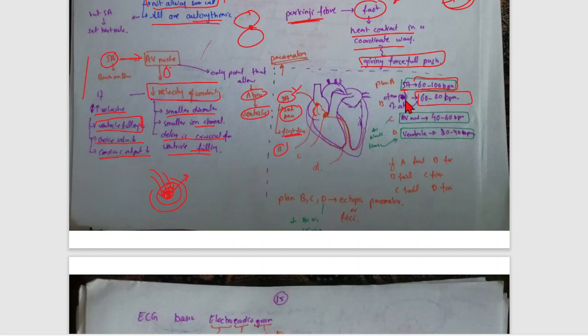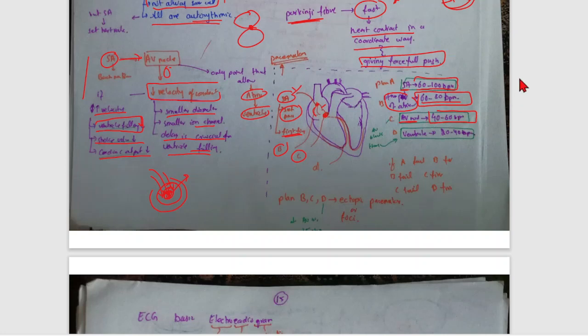If the SA node is not firing and the atrial nodal tract is firing, it will be 60 to 80 beats per minute. If it is not working, the next autonomic pacemaker, plan C, is the AV node, which fires at 40 to 60 beats per minute.